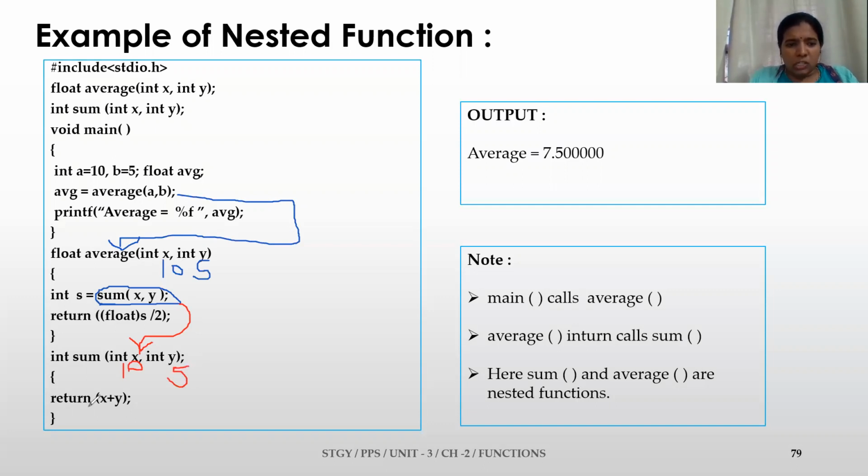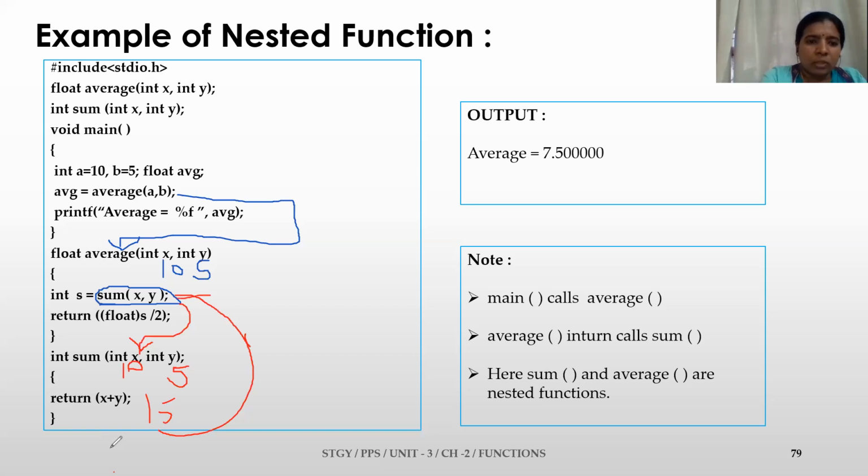Inside the sum function, there's one statement: return x plus y. 10 plus 5 is 15. Which place do we return to? We don't return to main. Any function returns its value to its calling function. Here sum is the called function and average is the calling function. So 15 is returned to this place, and now we have s equal to 15.